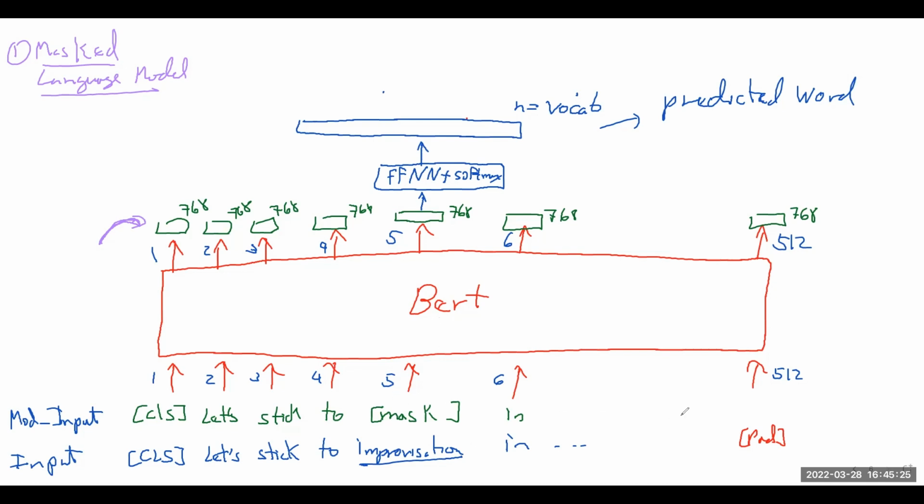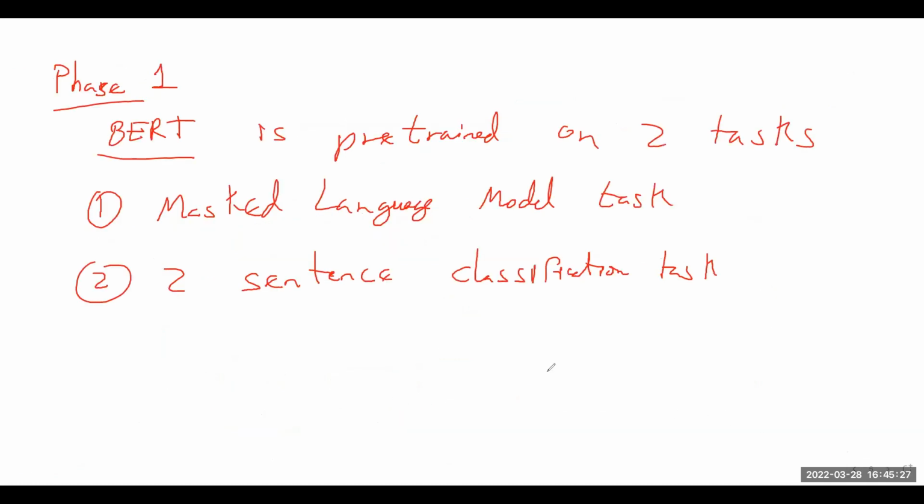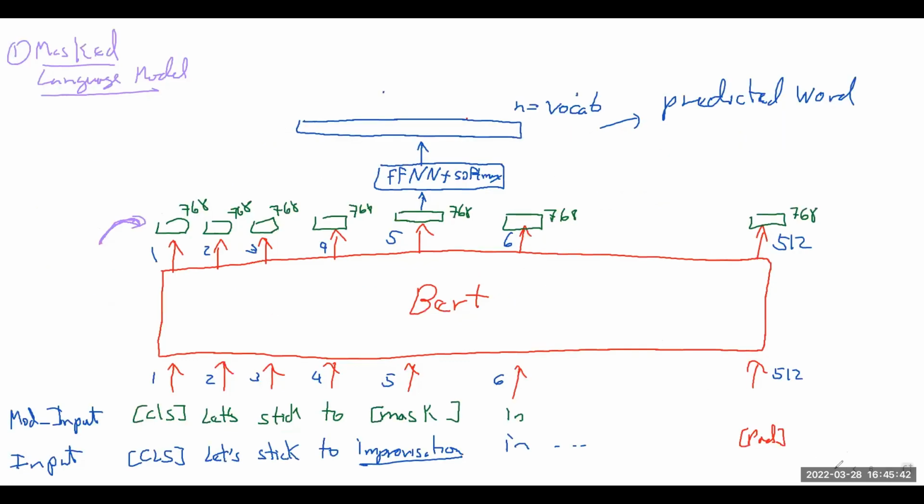So this is the pre-training phase, and this is how it learns. But as I said before, BERT actually learns, so that's masked. It is also pre-trained on a second task, which is what's called the two-sentence classification task. So that's another way of training the weights. We're going to change the weights now on the second task.